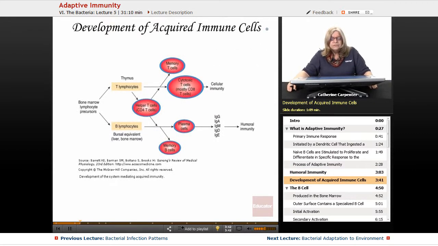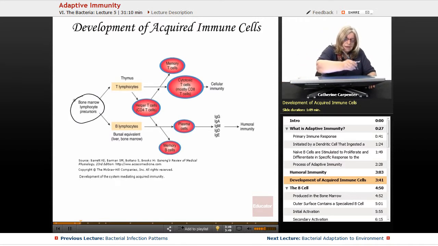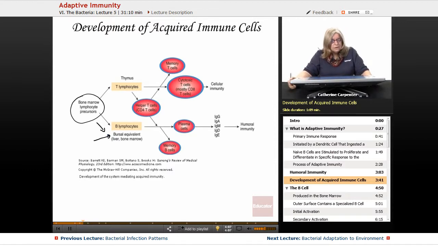In terms of development of these immune cells, you can see we have our bone marrow precursor. In this lecture we're going to talk about the B lymphocytes. A nice way to remember B lymphocytes is to think of B as representing bone marrow. They also are aligned with the bursa.